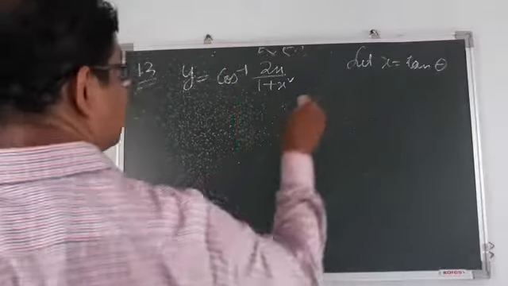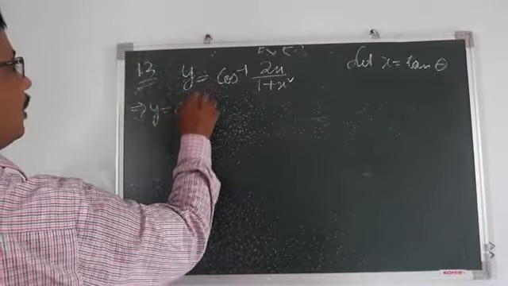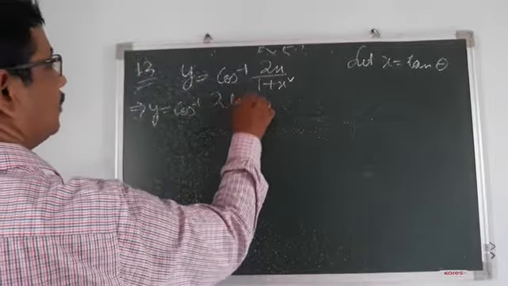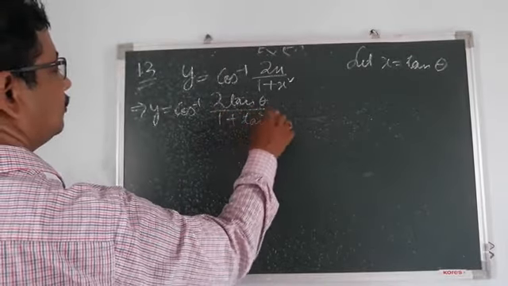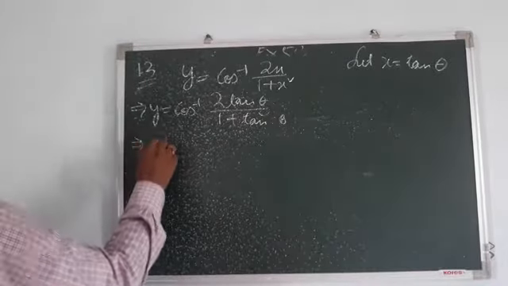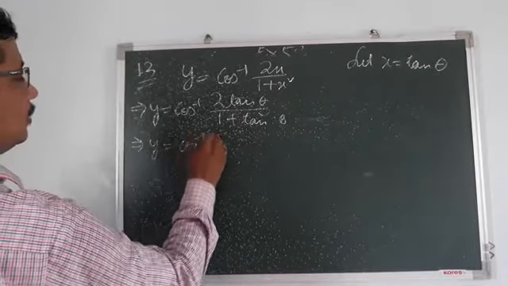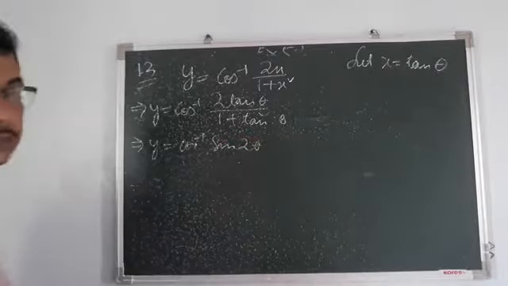The same way we will do. X you will put as tan theta, cos inverse of twice tan theta by 1 plus tan square theta. This is the value of what? It is sine twice theta.